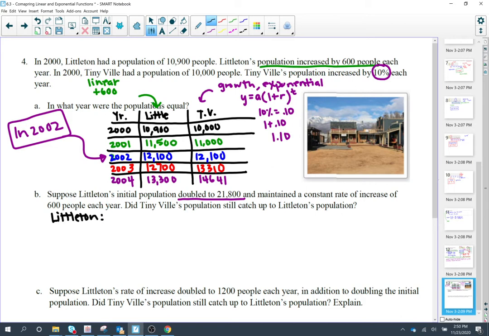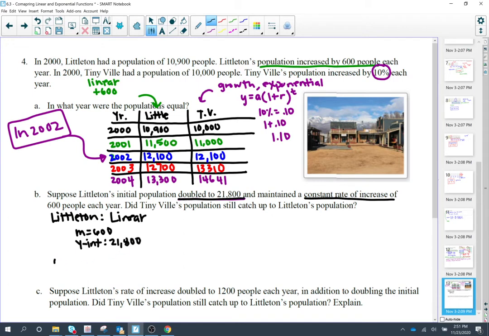Now, we agreed that Littleton is linear growth because they are growing by a constant rate of increase of 600. So that means their slope is 600. Now, their y-intercept is their starting population, which we're going to double, and we're going to start at 21,800.